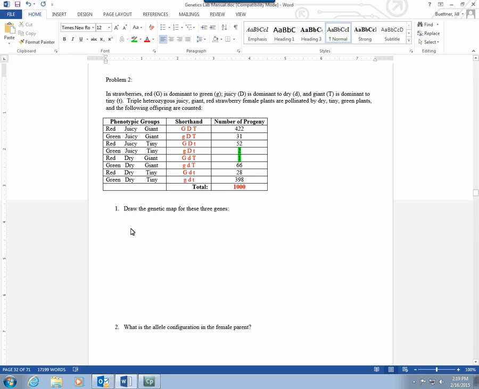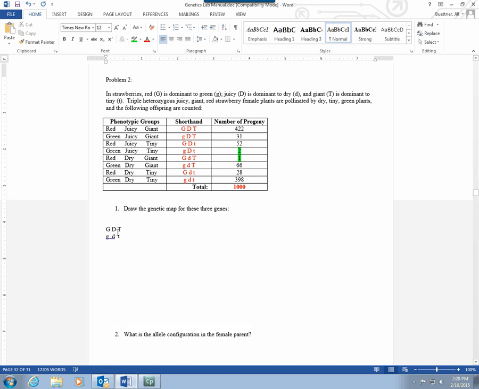So what you want to do then is write out your mother's chromosomal layout the way it would appear. So I'm going to do big G, big D, big T on one chromosome and little g, little d, little t on the other. And maybe space it out a little bit. It's not too easy on the keyboard. So let me space this out.